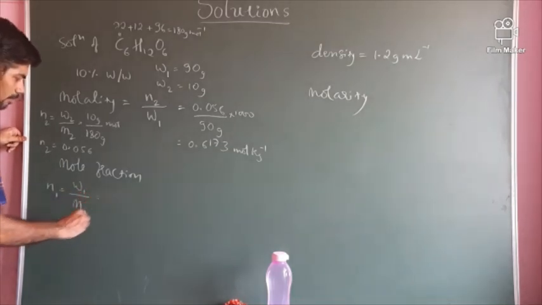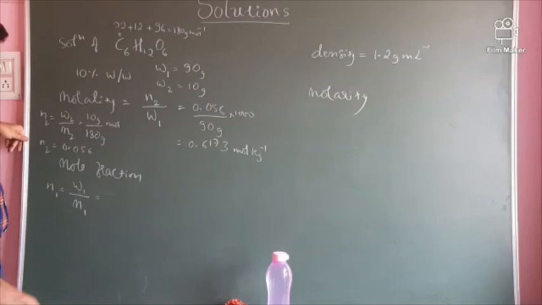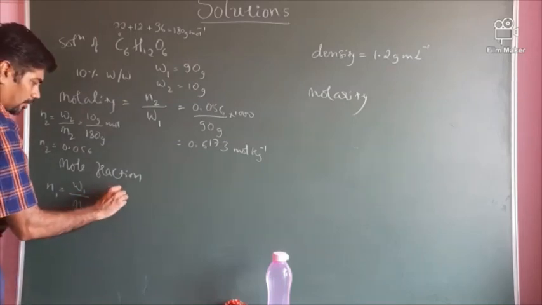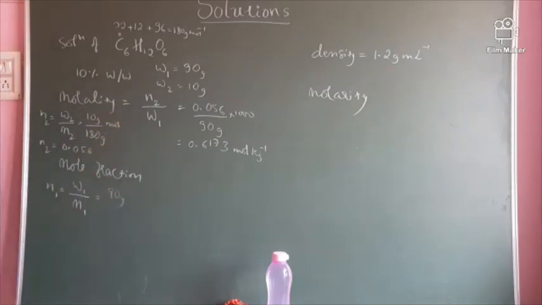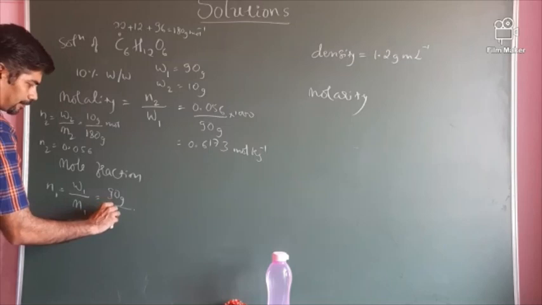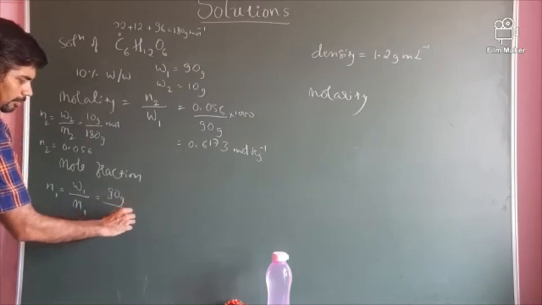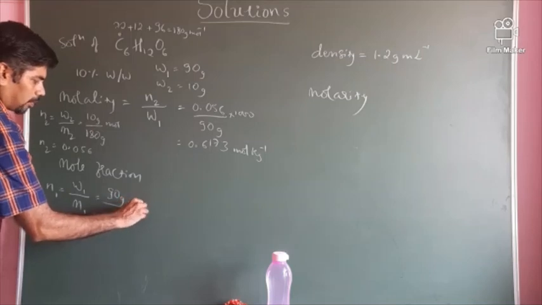Now what is the actual mass of component 1? Component 1 here is the solvent. So let's put 90 grams. So W1 is 90 grams divided by its molecular mass, that is 18 grams per mole.